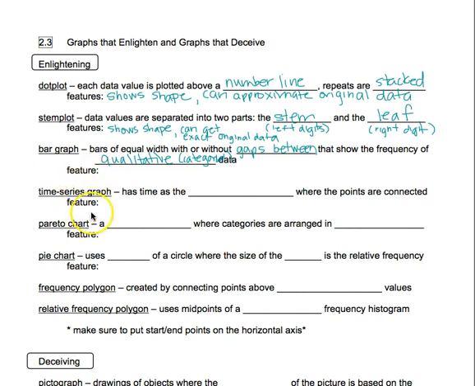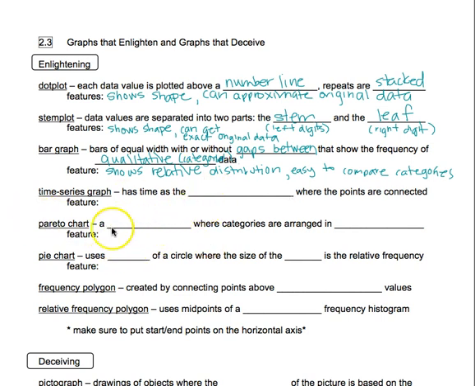The feature of a bar graph is it shows the relative distribution, and as opposed to just looking at the original data itself, it makes it easy to compare the categories. So you can very quickly see how many more kids liked chocolate ice cream than vanilla ice cream, for instance.